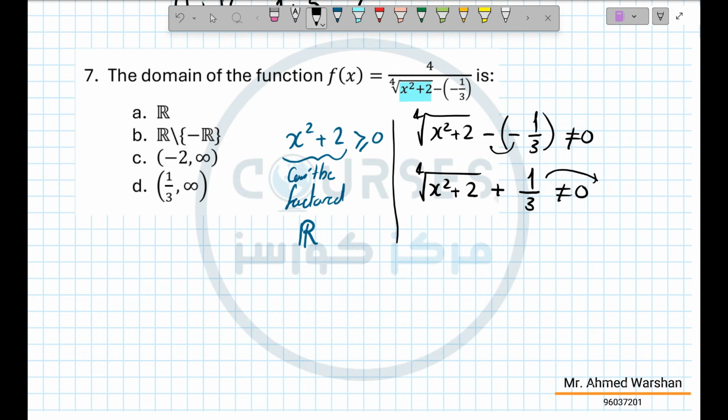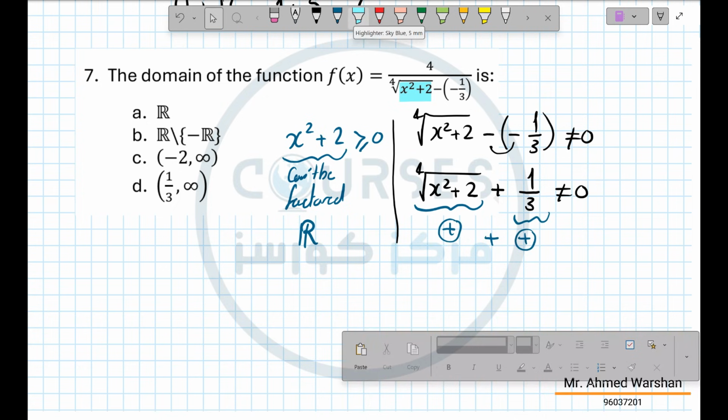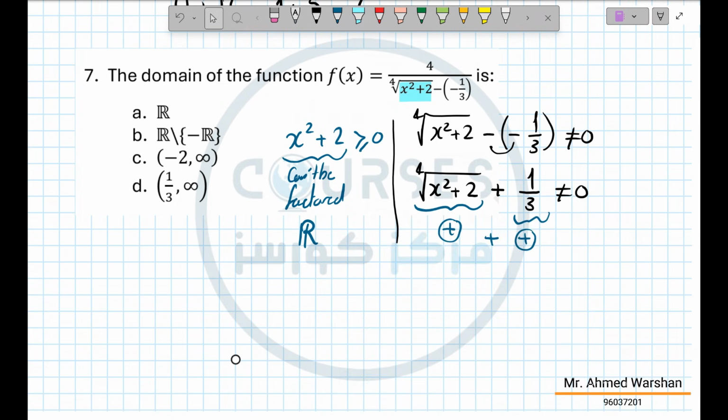Before you move this to the other side, we start doing the power 4. Wait for a bit. We just said that this one will always be positive, and this one is also positive. Positive plus positive can never be equal to 0. So this part also always holds true. No matter what the value of x you plug in, this can never be 0. So in this case, this is also R. So the total domain is R.